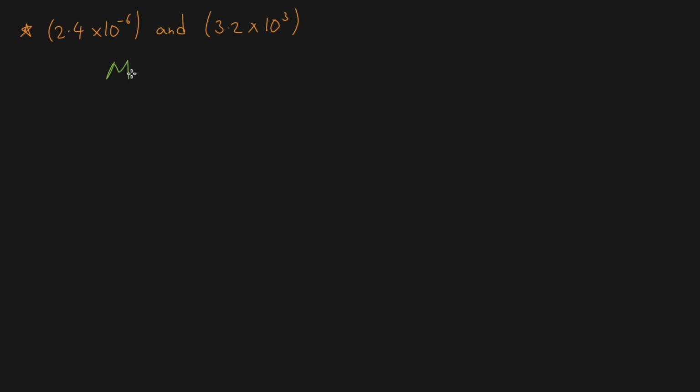So the same here, I'll do the multiplication. Here I'll do the division. So multiplication side, we all know 2.4 times 3.2 and 10 power minus 6 plus 3. We'll have 7.68 times 10 power minus 3.